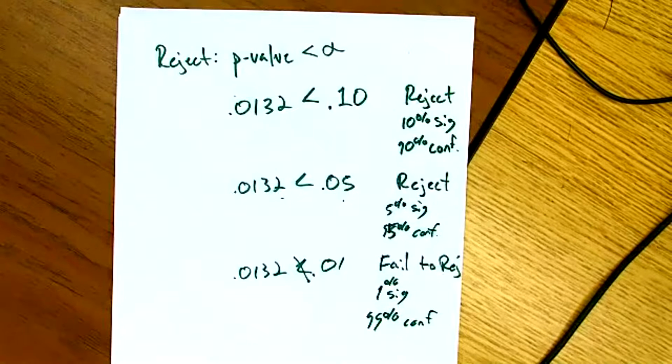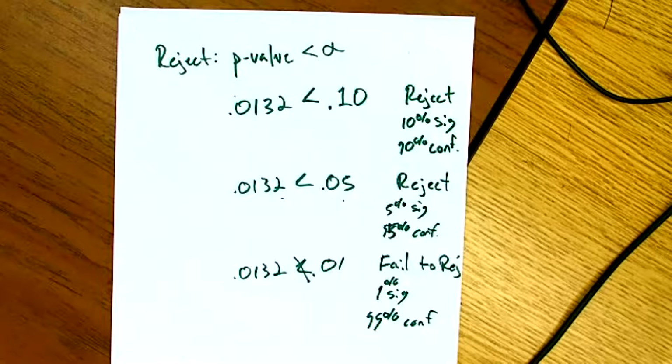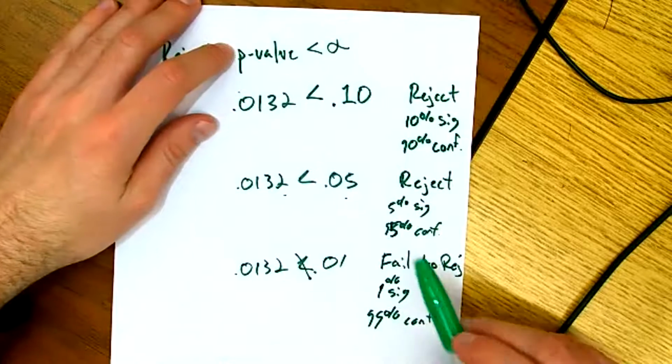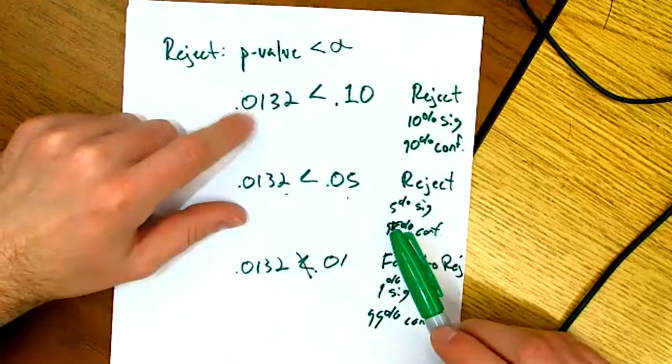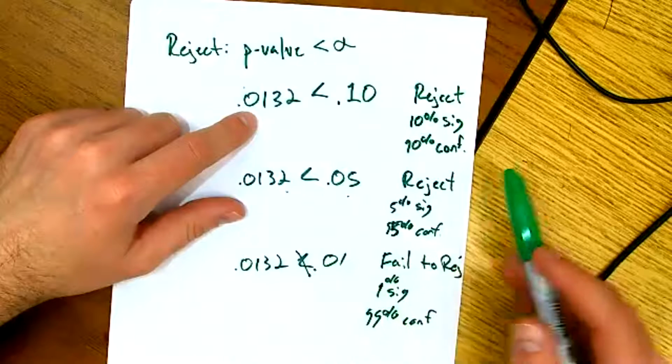So the process of finding the p-value is exactly the same no matter what our alpha is. Once I have obtained that p-value, I can compare to several different alphas very quickly, right? In fact, another way to think about this p-value is that it's the last alpha that I would fail to reject at.